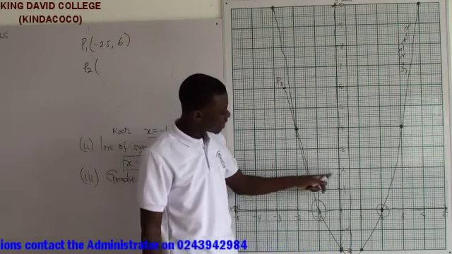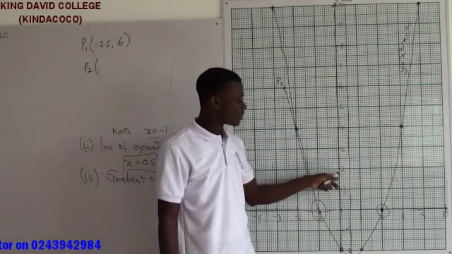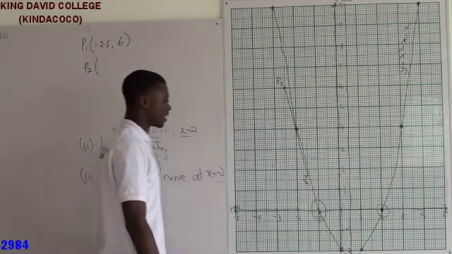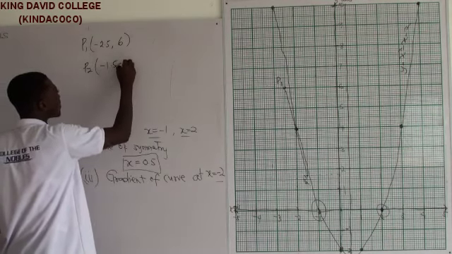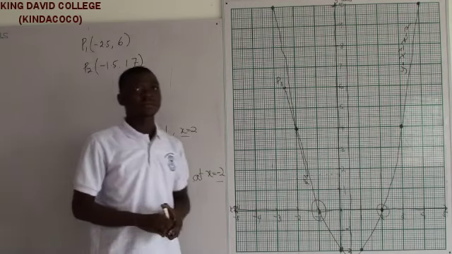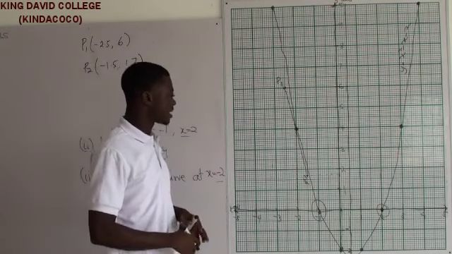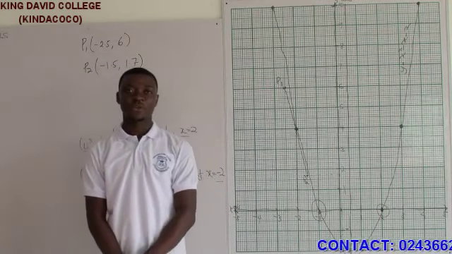And then the y value is going to be 1.7. Okay? So this is minus 1.5, then 1.7. You get it right? So that is the 2 points that we are having on the line we drew.